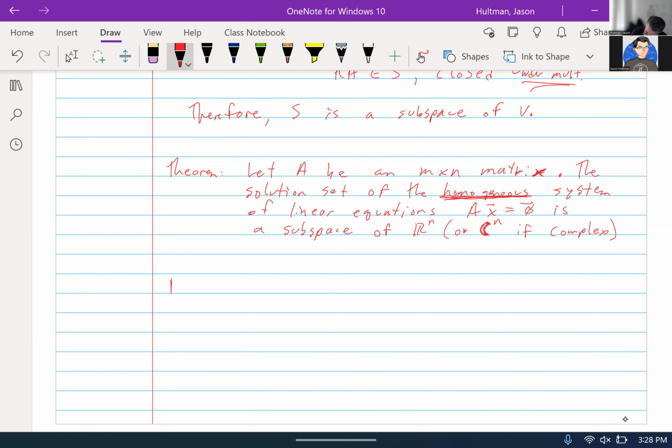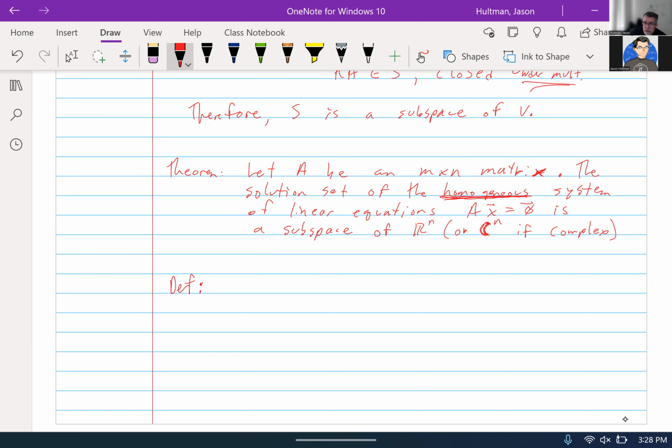And if it's homogeneous, then it's a subspace. If it's a homogeneous linear system of equations, then we automatically get the vector space identity for this thing.